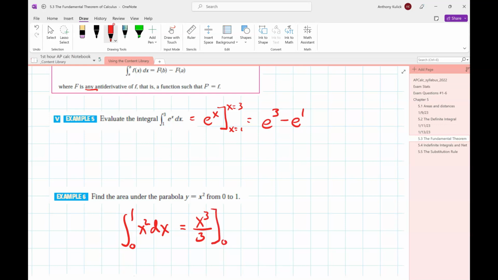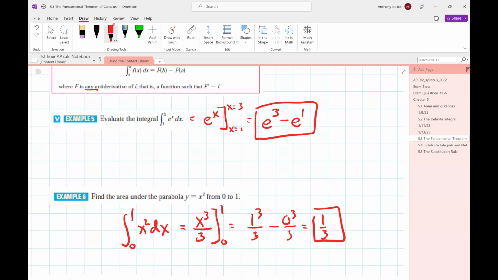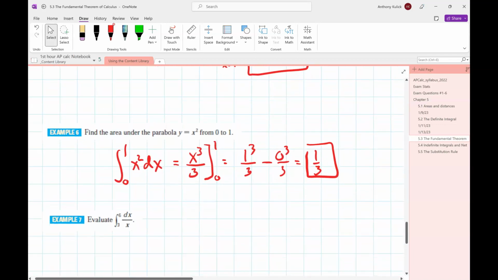And we'll evaluate that from 0 to 1. So 1 cubed over 3 minus 0 cubed over 3 is equal to 1/3. And we're done. This was a problem we did in section 5.2, or maybe 5.1 even, but it took like a half sheet. Look what we did, we did it in like one line.